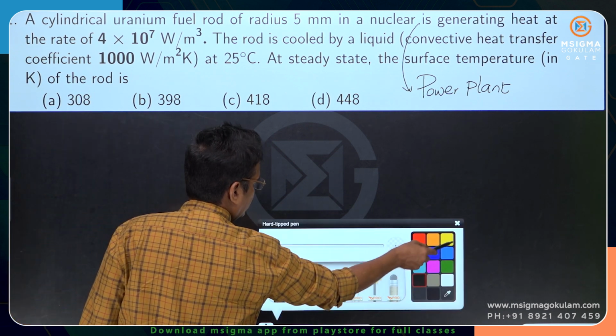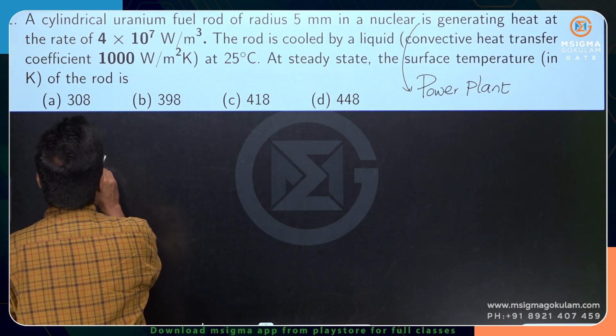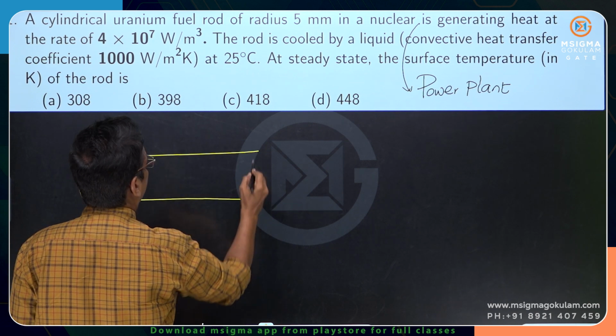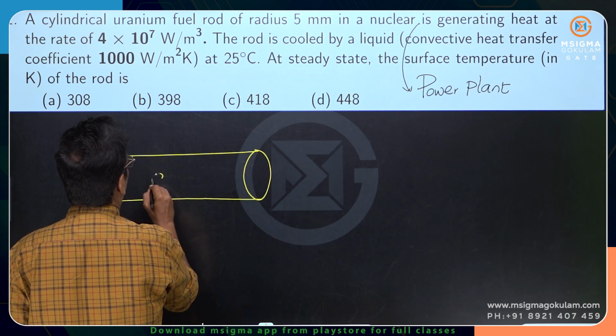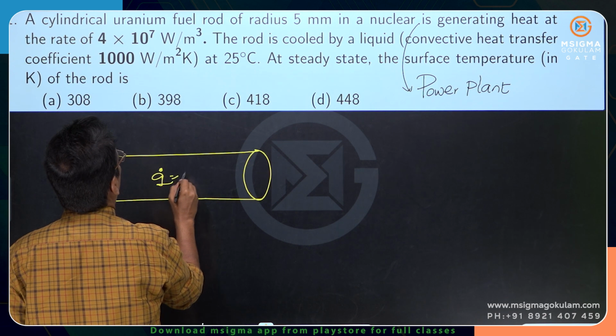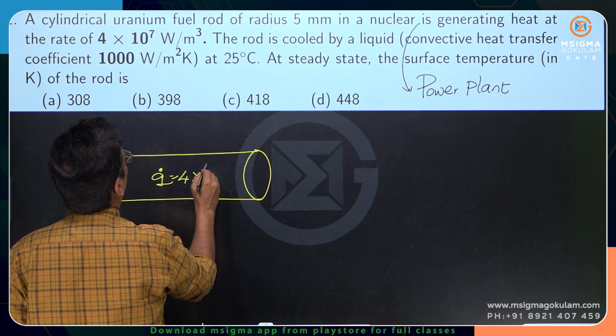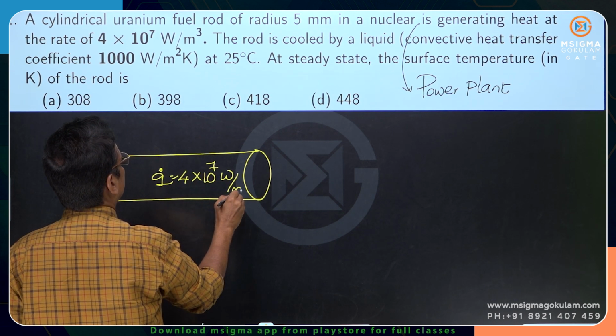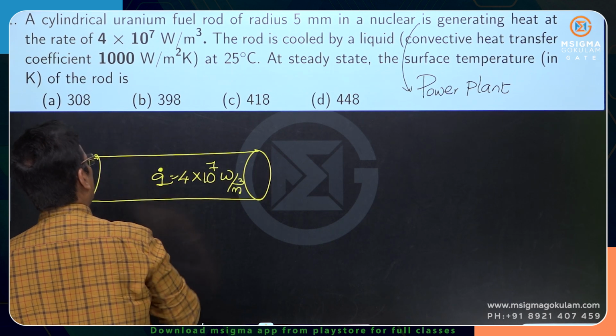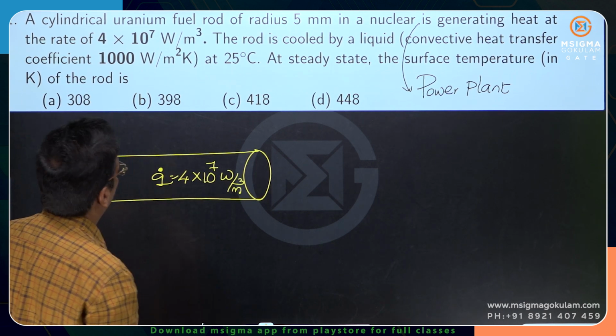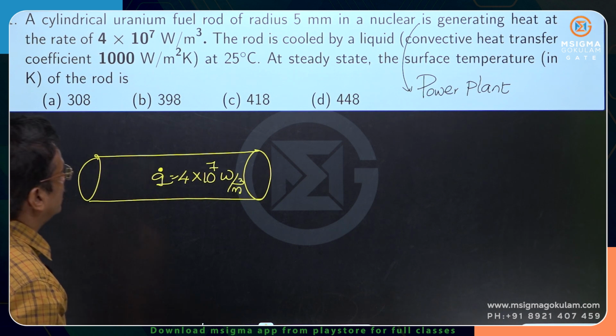There is heat generation inside the cylindrical nuclear fuel rod: Q dot is equal to 4 into 10 power 7 watt per meter cube. Please remember that the Q dot symbol is always used for heat generation per unit volume.